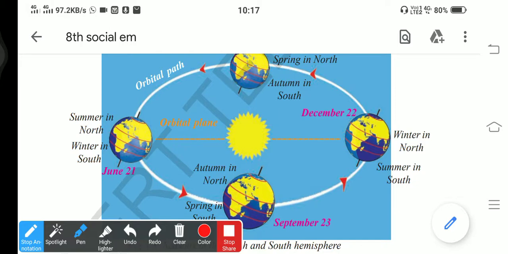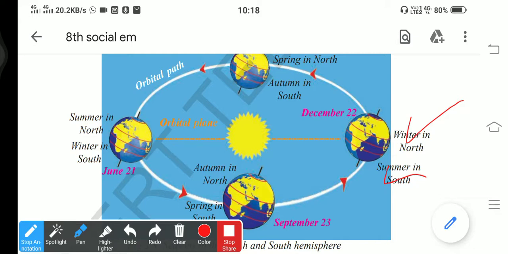So at that time there will be summer in the southern hemisphere and winter in the northern hemisphere. That means when we have summer, southern hemisphere people get winter. When we get winter, they get summer. So why is it happening?